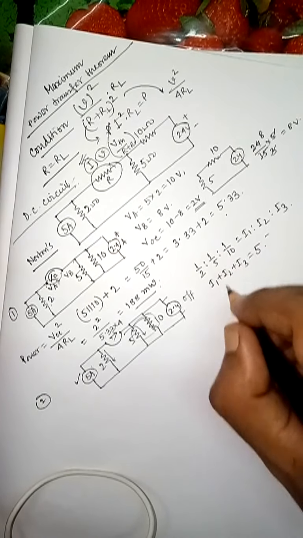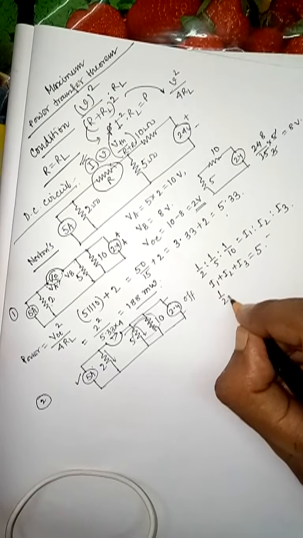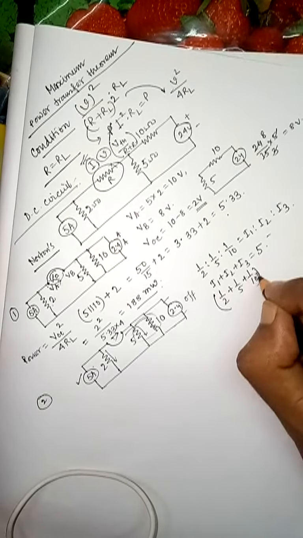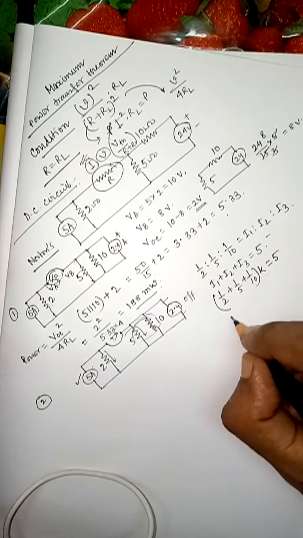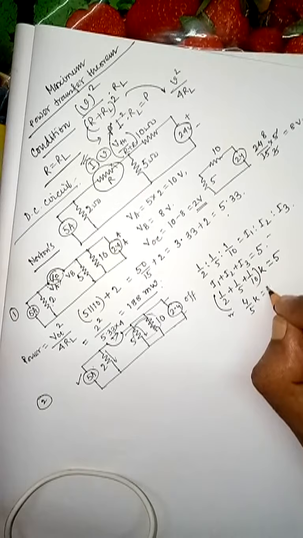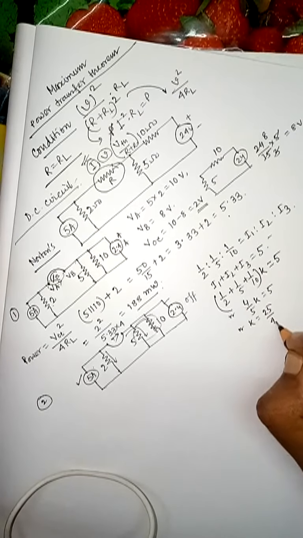So taking the ratio, 1 by 2 plus 1 by 5 plus 1 by 10, into K, equals 5. So 4 by 5 K equals 5, or K equals 25 by 4.